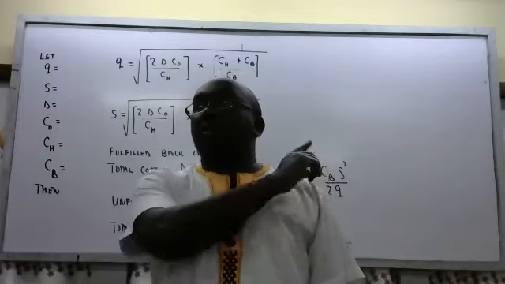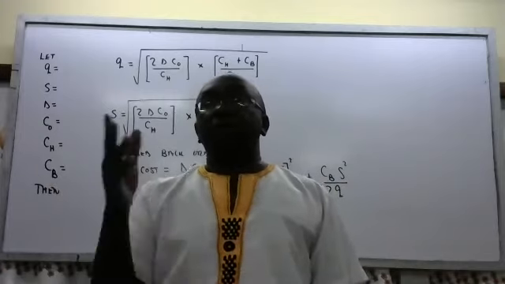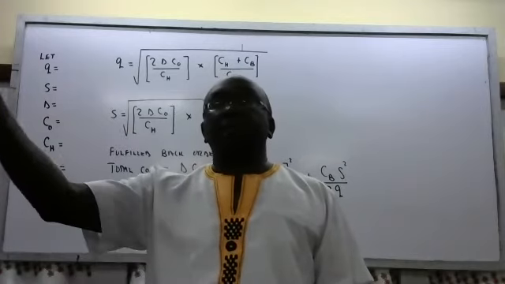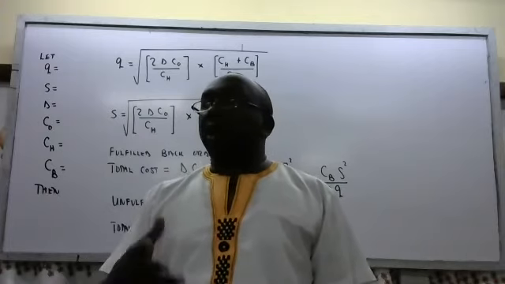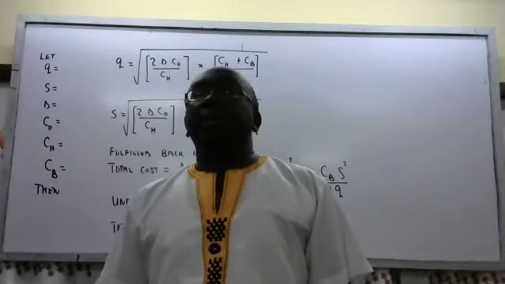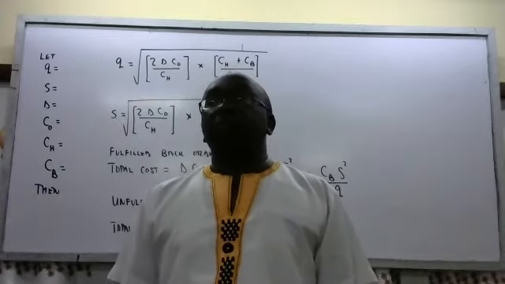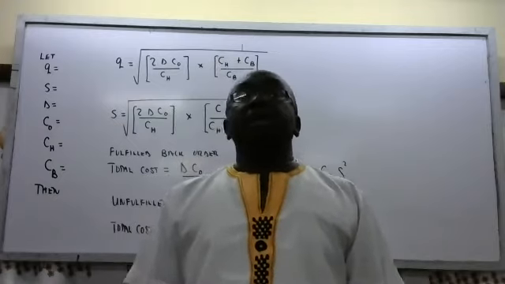So hiyo gari ikishawekwa number plate ikiwa Mombasa, ikikuja kwa your yard na ikae for 2-3 months, it will be overtaken by the next series. So the value comes down. And hiyo gari kukaa 2-3 months is not a big deal, because cars are not things that are usually bought frequently by many people.